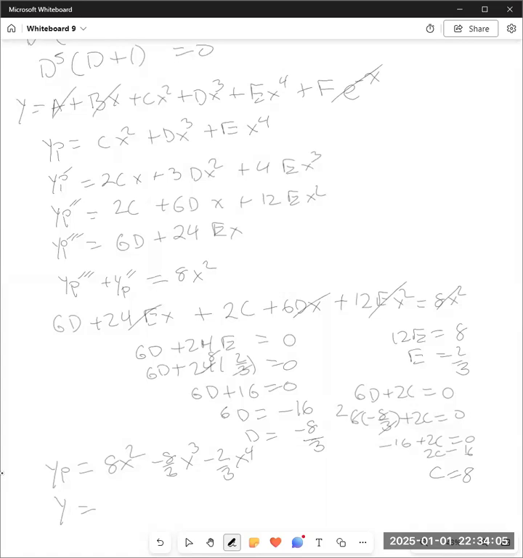So yc was c1 plus c2x plus c3e to the negative x plus 8x squared minus 8/3 x cubed plus 2/3 x to the 4th.